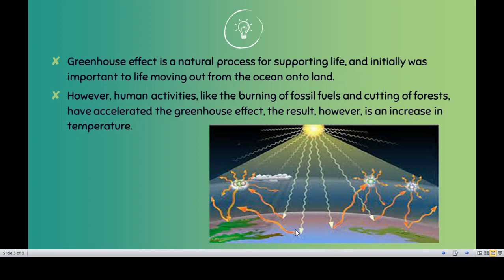On the other hand, when there are land areas where plantation is there, or when water bodies are there, you can see here also, water bodies reflect back the radiations which are harmful or which are not required. So the earth itself has its own capability or ability to decide how much heat it wants.